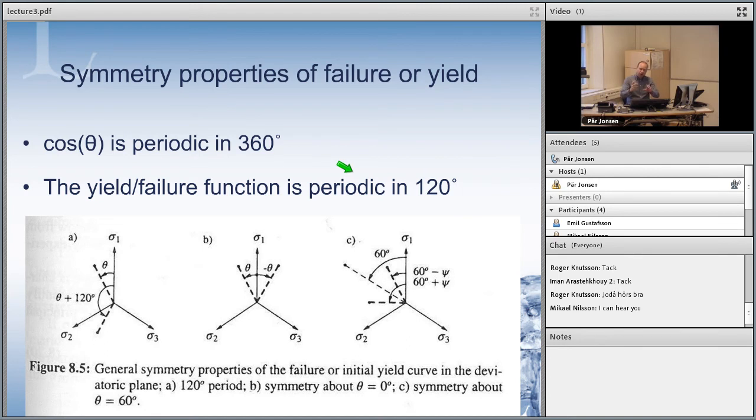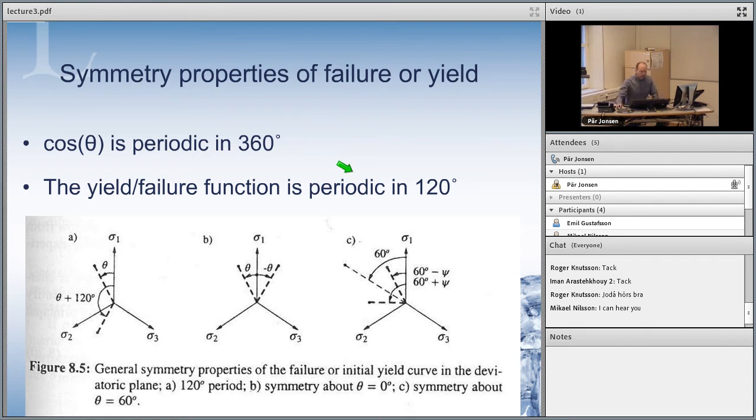You can see that you have the symmetry properties, and from experimental evidence you can actually show that this property is true. I will come to that.